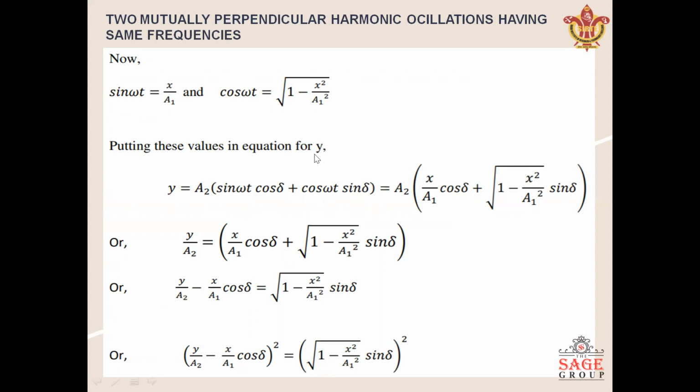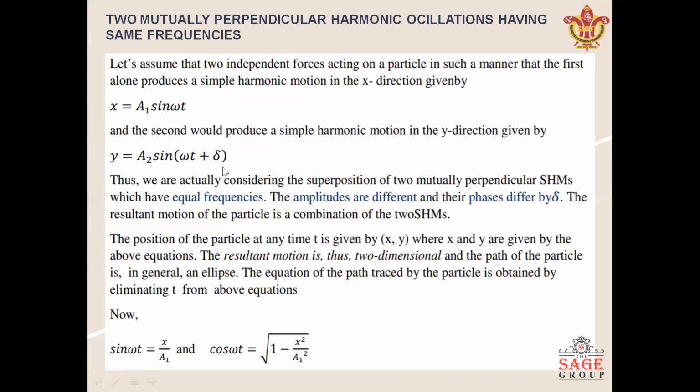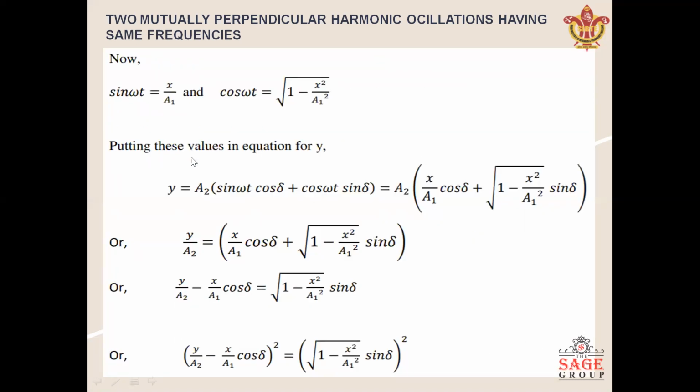Now putting these values in the equation for y, in the second term we are putting these two values, so we'll get another equation. Putting the values of sine omega t and cos omega t in the equation for y, y is equal to a2 (sine omega t into cos delta plus cos omega t into sine delta).